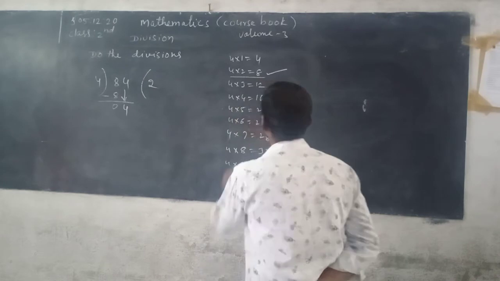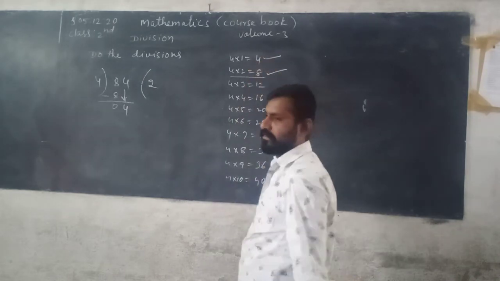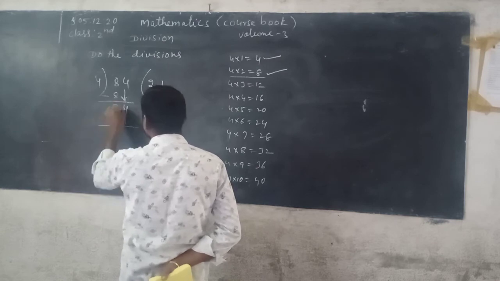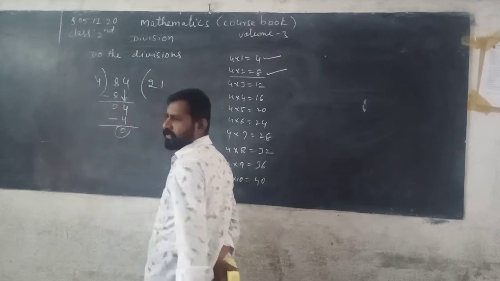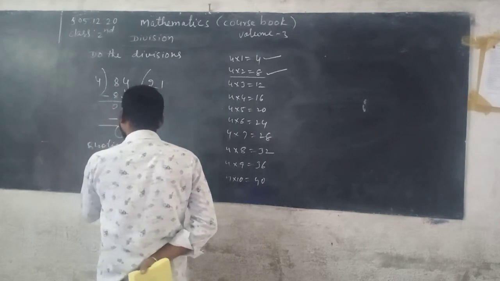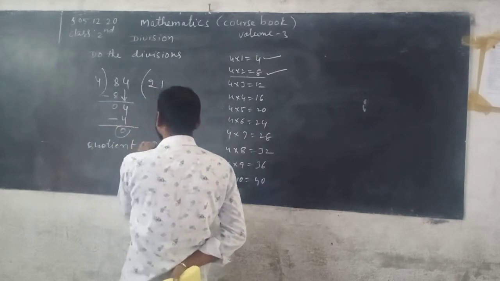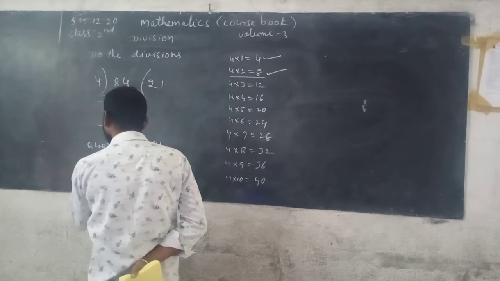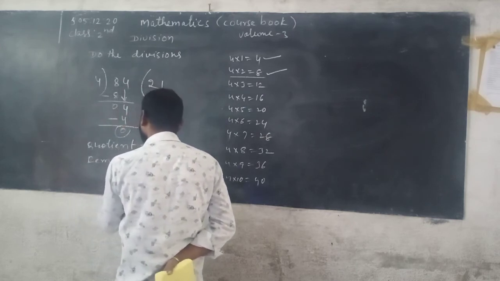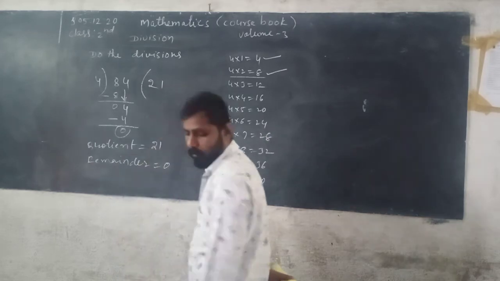Where is it possible? 4 1s are 4. Then 4 minus 4, you can get 0. Quotient is equal to 21. Remainder is equal to 0.